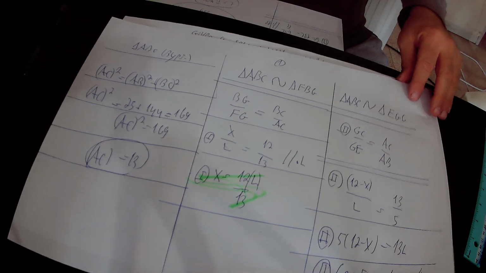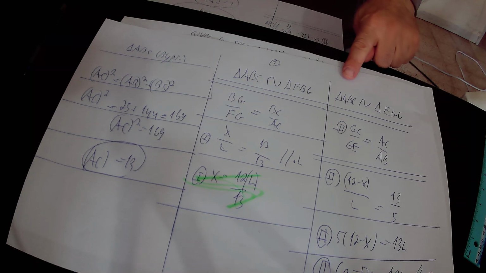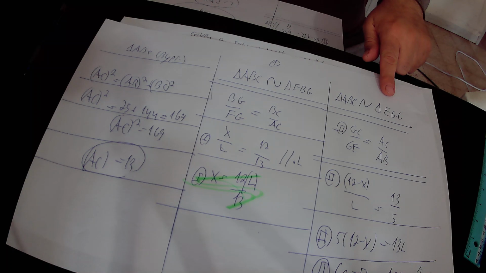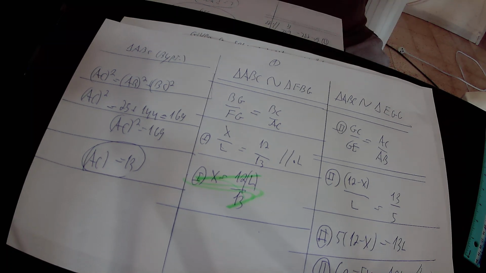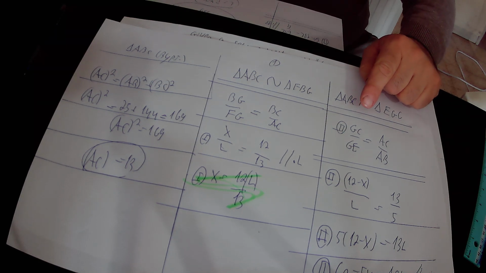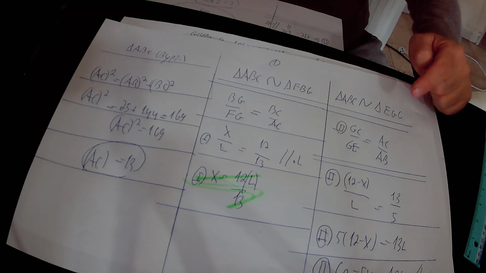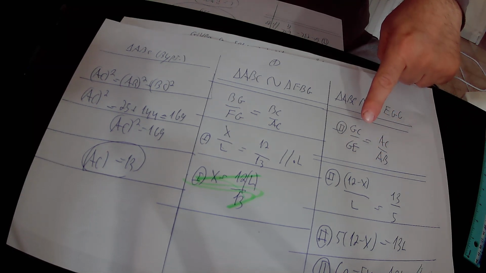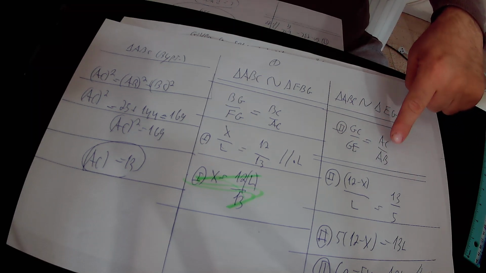GC over GE in the right triangle EGC equals AC over AB in the right big triangle ABC. GC is 12 minus X, EG is L, AC is 13, and AB is 5.